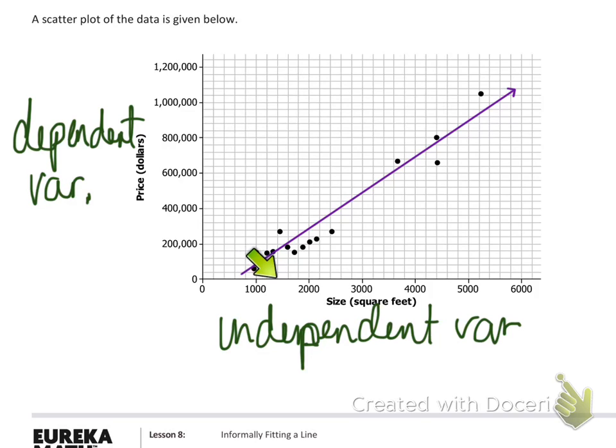Well, it's halfway in here. Okay, so there's my 1,500 square foot home, and it looks like it's under 200,000. Would be maybe 180,000.